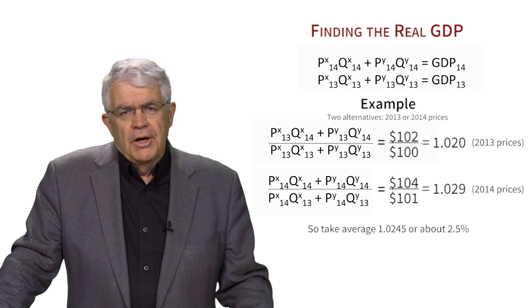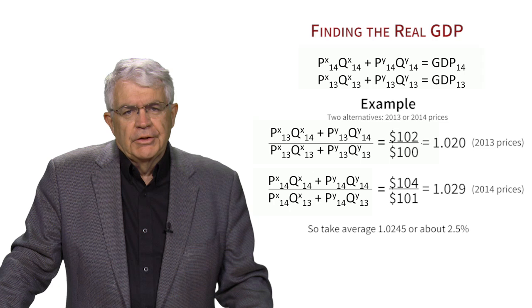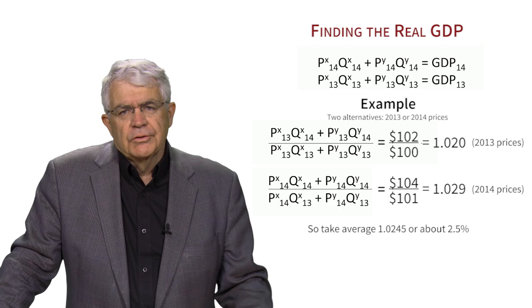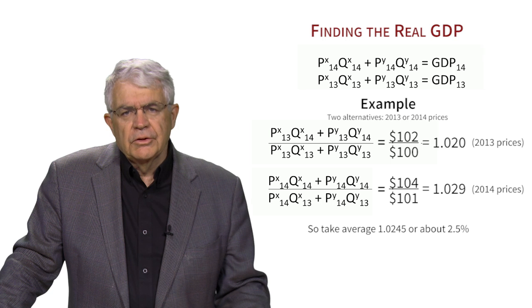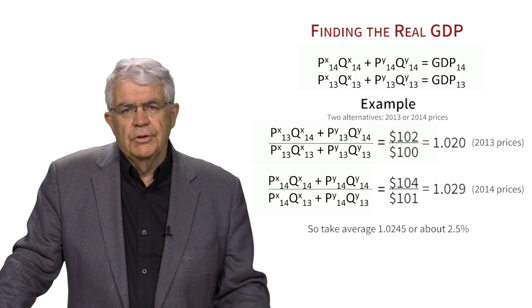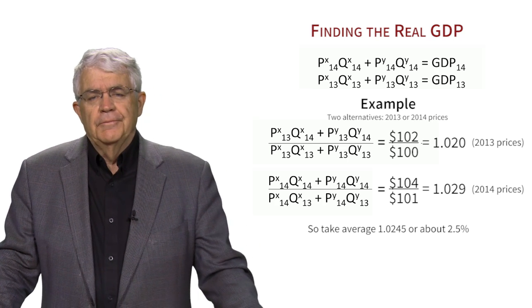In the denominator, we are basically looking at GDP in 2013 because we're using prices in 2013 to value that production. Now, for example, when you consider the ratio of these two, you might see that the total amount of GDP is 102 in 2014 and 100 in 2013.